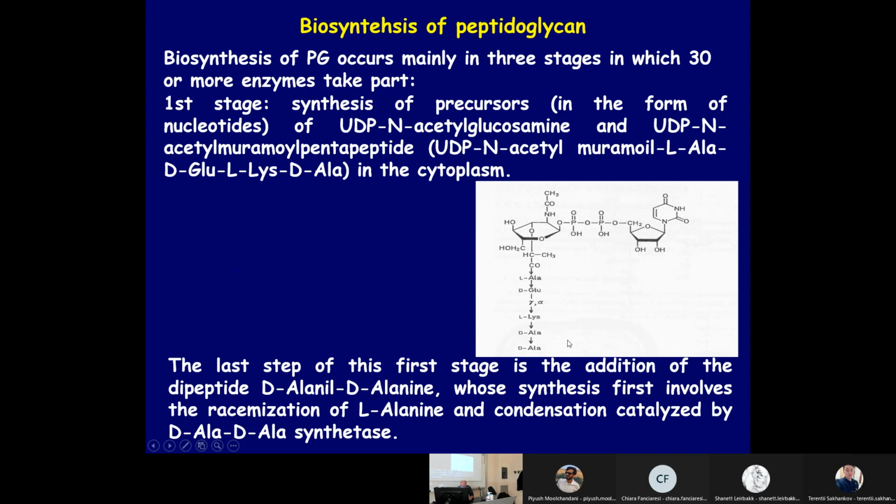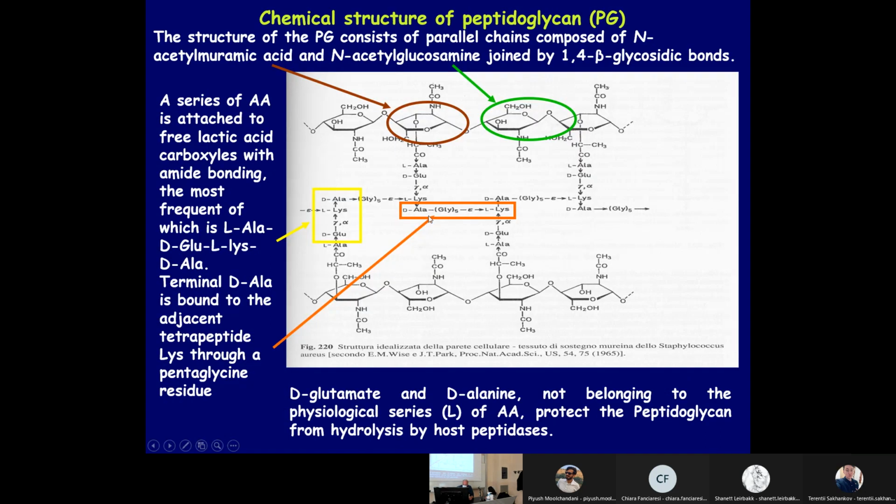So it is important that you see that this amino acid chain has a particular final tail constituted by two residues of D-ALA. But you can see in the structure, the alanine is only one.